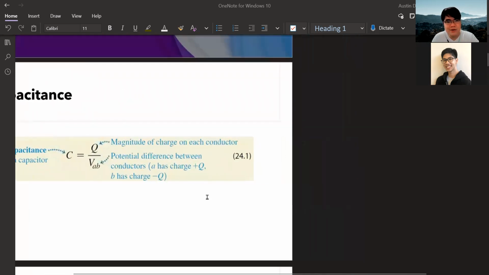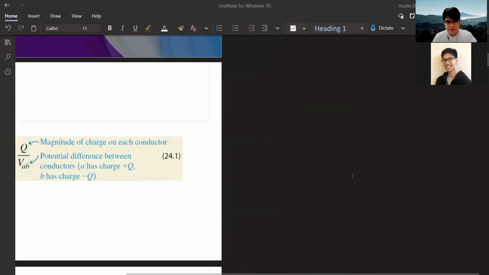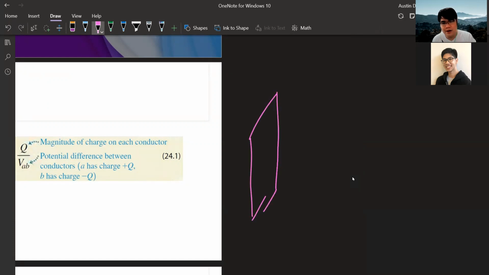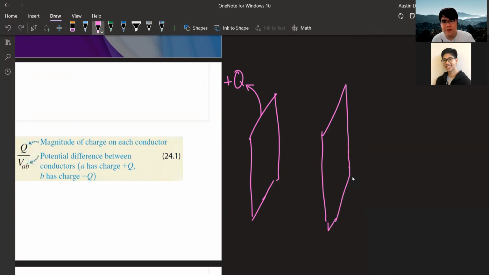Okay, so yung idea behind it was, pag napansin nila na if you have two conductor plates, one with charge Q, and then you have another one of negative Q, pansin mo na there is an electric field between them, then may mga charge sa gilid.